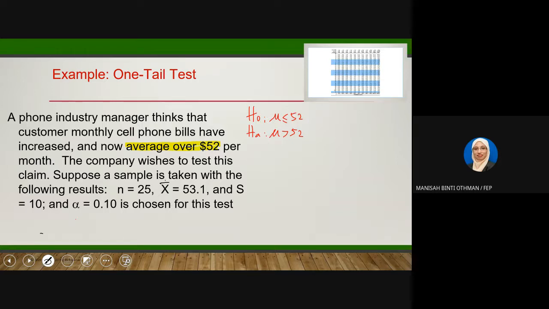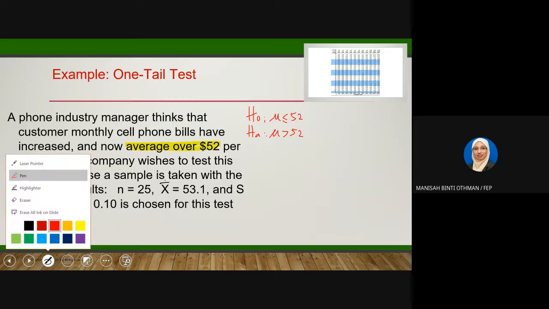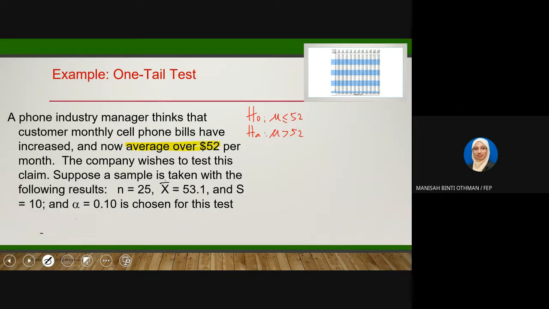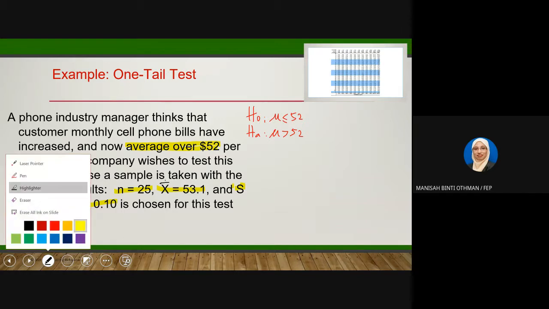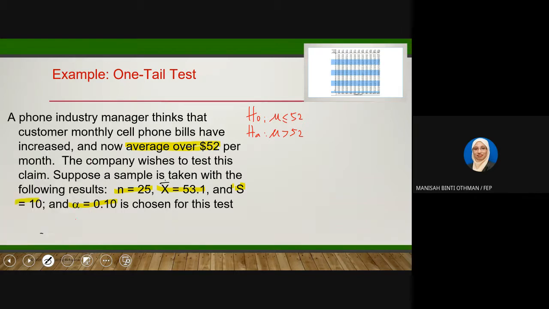After you develop the hypotheses, you highlight the information: n equals 25, x bar 53, s equals 10, and alpha is 0.1.